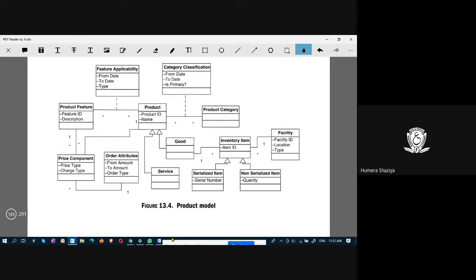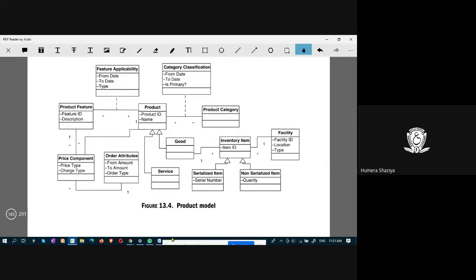And this price component determines the price of the product based on the feature. There would be pens which will cost say 1000. There would be pens which would cost 2 rupees. What is that?